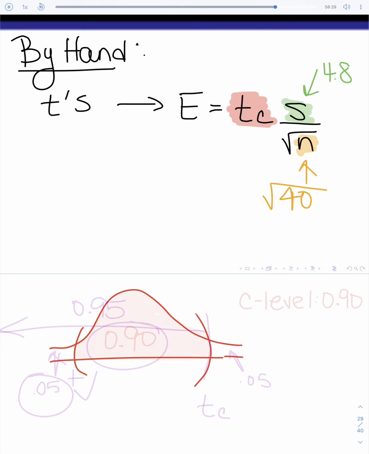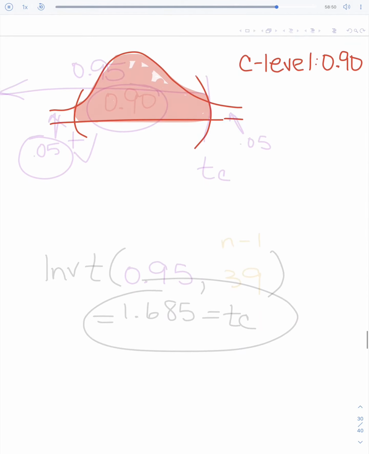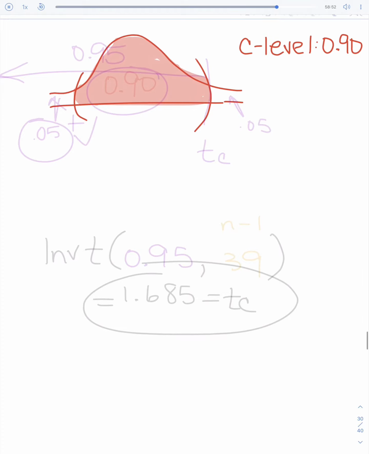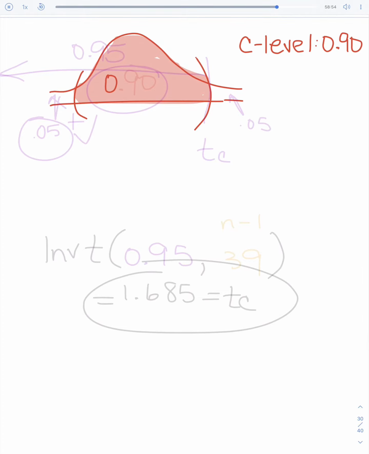And remember, this is going to be based on our confidence level, which according to this problem is again 0.90. So that would be the area in the middle. And then you can do one of two things.